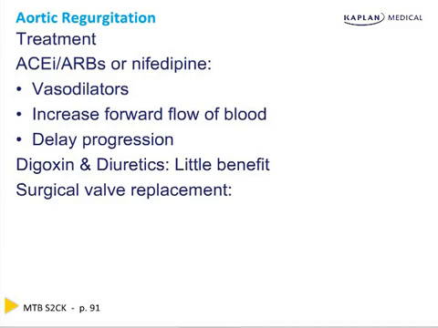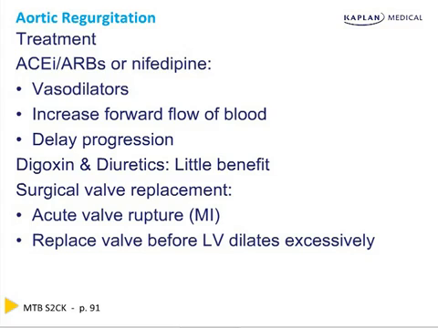Because we don't want to wait for the lesion to dilate the heart too pathologically, we are going to replace that lesion, or we're going to repair it. First of all, acutely with acute valve rupture, for sure, right away. But in chronic disease, if the ejection fraction reduces under 55%, or the end systolic diameter goes above 55 millimeters, you're going to replace the valve.